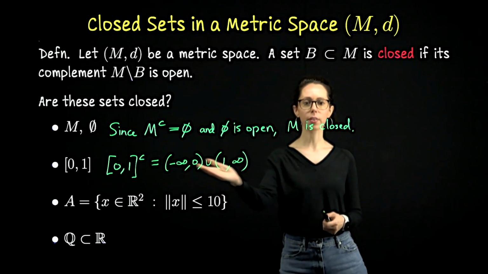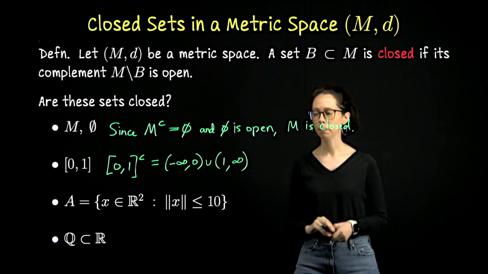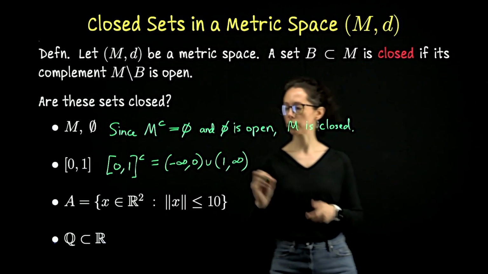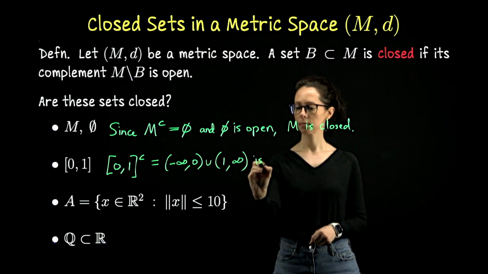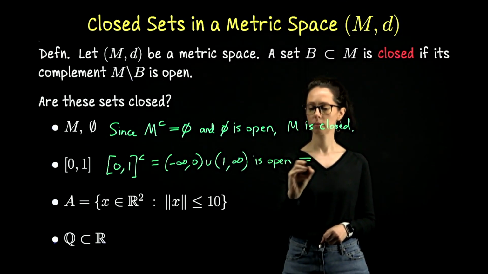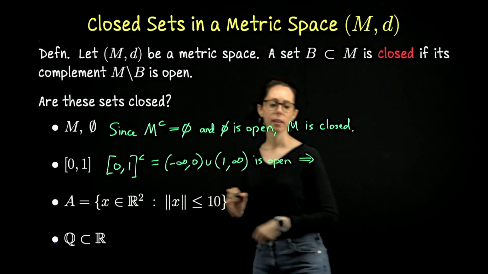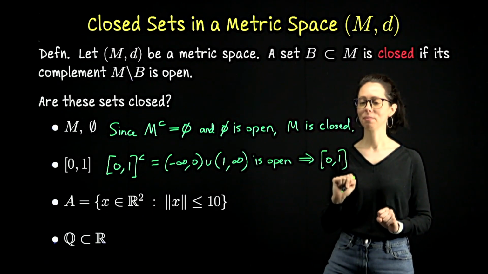This is an open interval, and this is an open interval. Any union of open intervals is open. So since this union of open intervals is open, the original set, the closed interval, which we can now correctly say, is closed.